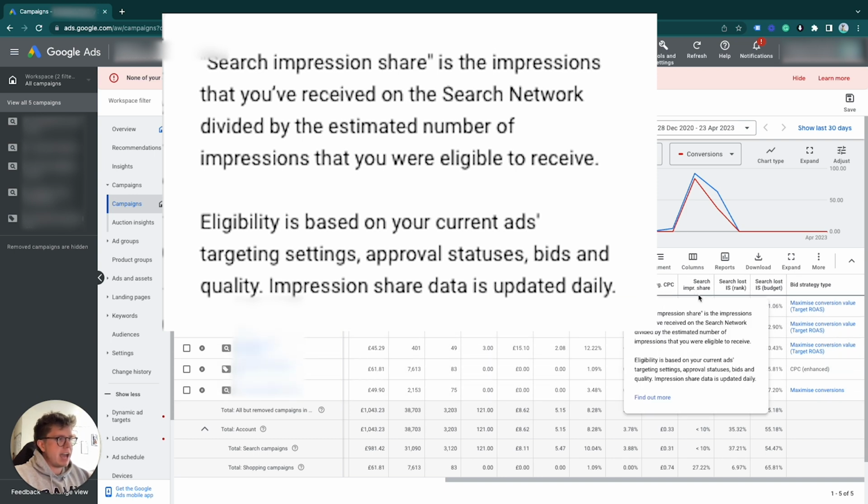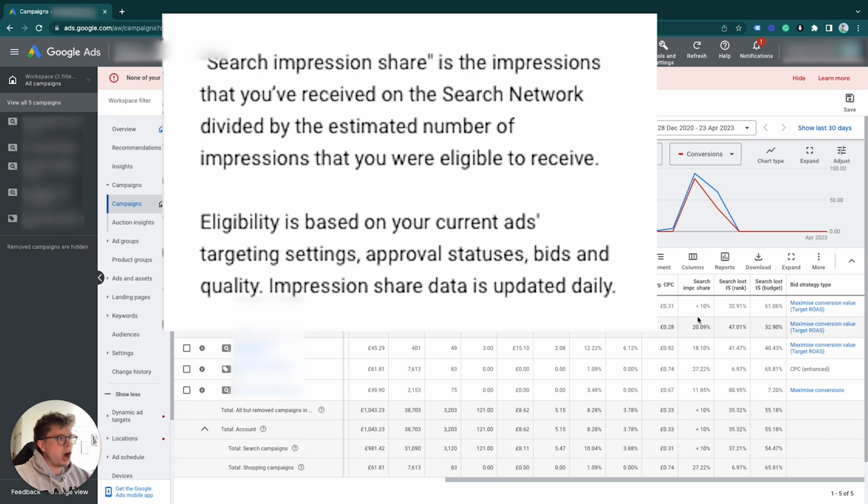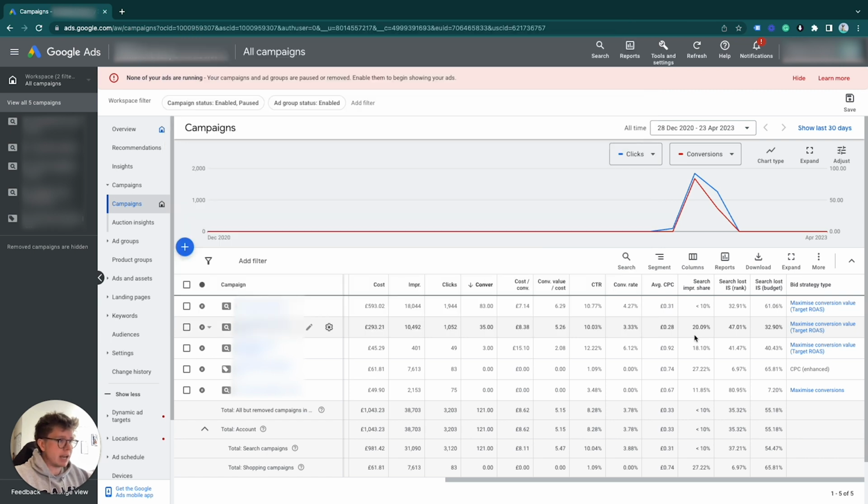So you want to aim to have this column at 100%, because we want our ads to be showing up 100% of the times that they are eligible to. But we can see here, this top campaign, which is our best performer, is appearing for less than 10% of the times we can actually show up. So our search impression share is very low in this campaign, which suggests to me this campaign has a lot of potential.